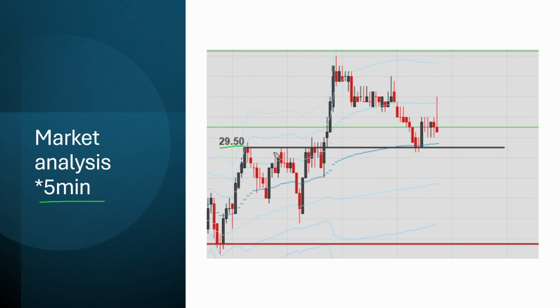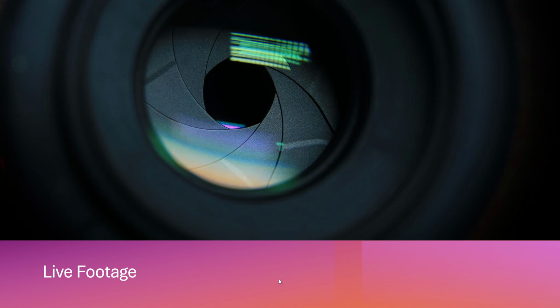You can also see that this support line is being respected. You can see it right here. So now let's get into the video. Let me quickly just pull that up.